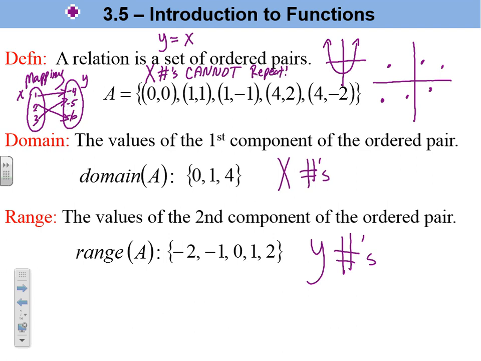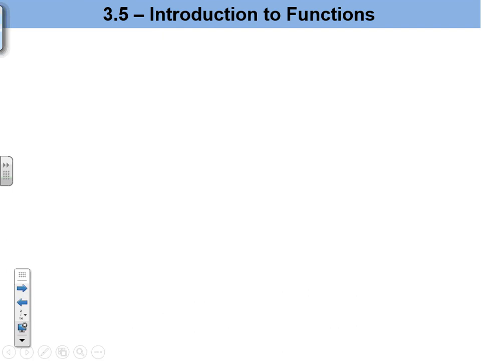But as long as we can understand that the domain is made up of x numbers, input numbers, independent variable, whatever, then you're okay. Same thing with the range. As long as you know that the range comes from the y numbers, the output, the dependent variables, then you should be okay. So let's move on.